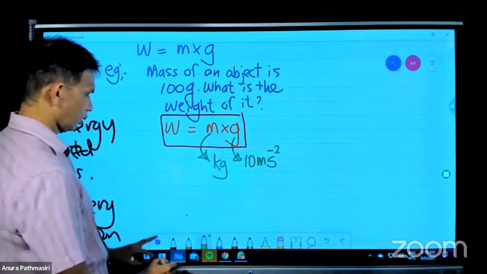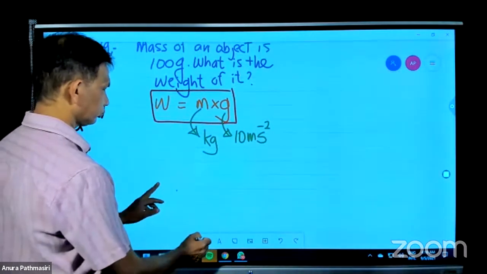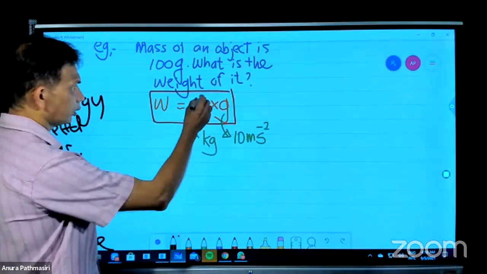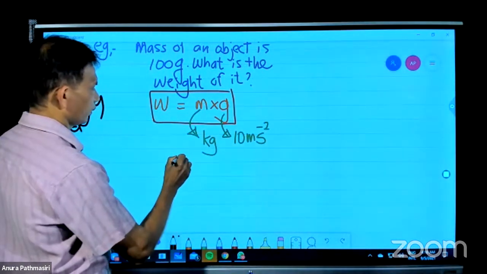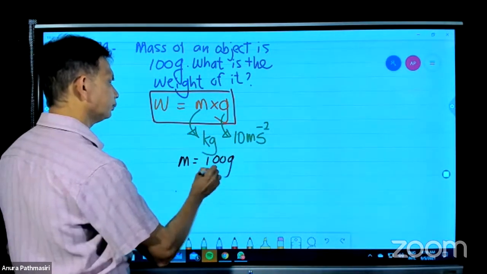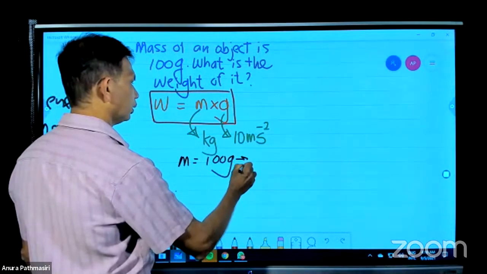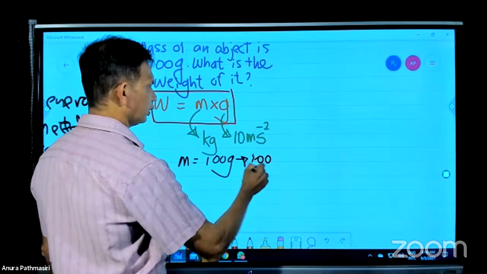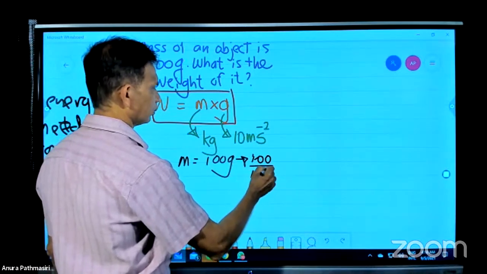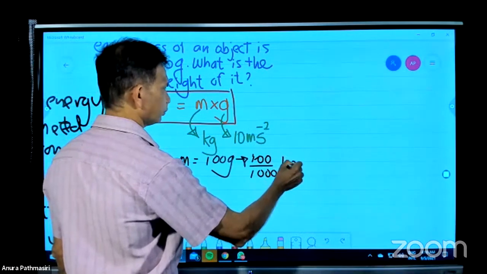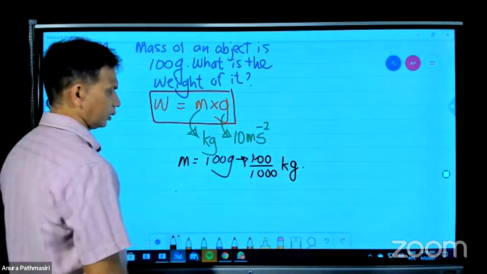Then the given mass is 100 gram. Convert it into kilogram by dividing by 1000. Then you have kilogram.